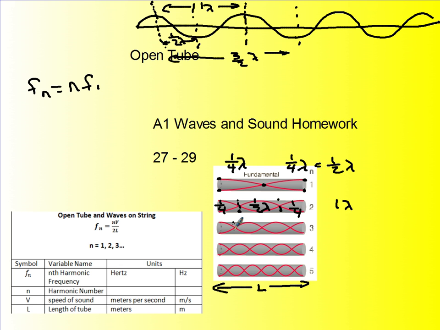Let's see if we can do this one. From here to here is 1/2, 1/2, 1/2, 1/4, 1/4. So 1/4 plus 1/4 is 1/2, plus 1/2 plus 1/2 is 3/2 of a wavelength.